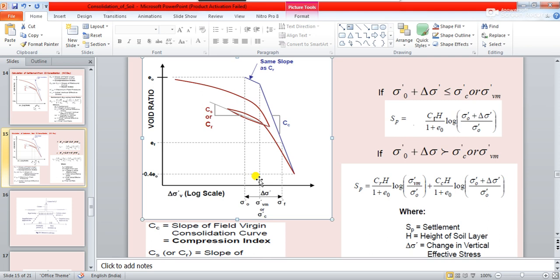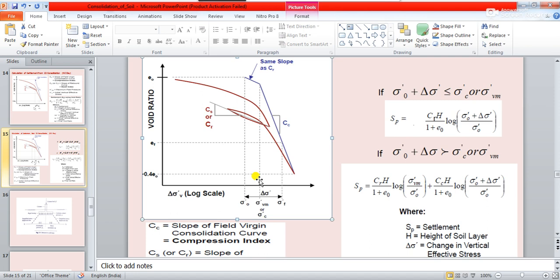So conceptual understanding is nothing but this: sigma Vm, that is the past overburden pressure, which is the maximum the soil has experienced, which is basically the pre-consolidation pressure. Okay, so in the question or in the typical type of explanation, you may be asked what is pre-consolidation pressure.